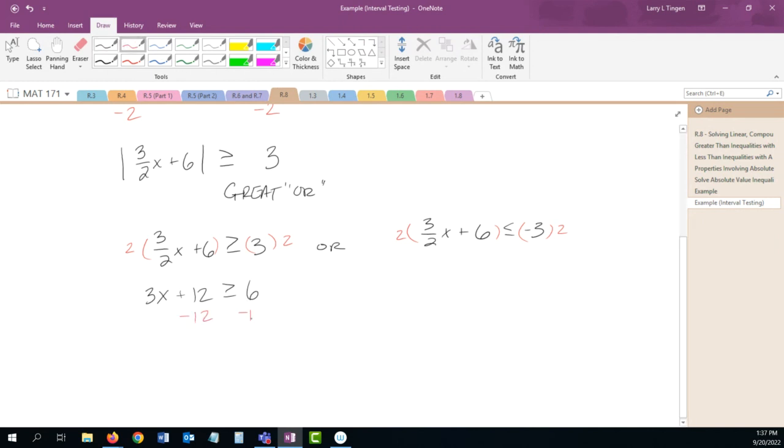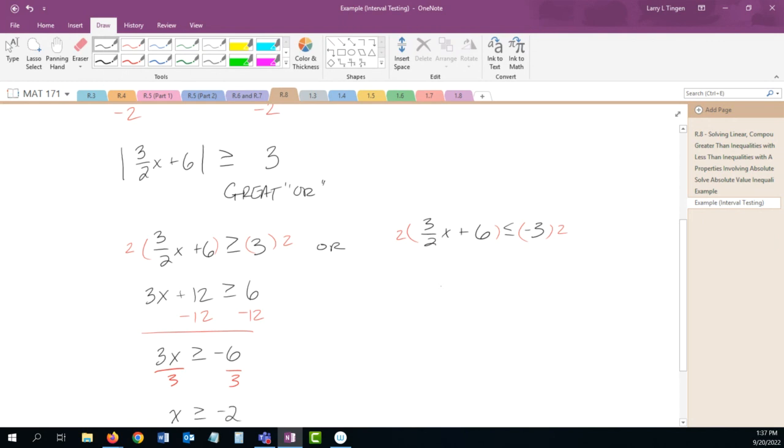Everything with an x to one side, everything without to the other. And now I'm looking at 3x greater than or equal to 6 minus 12 is negative 6. And then divide both sides by 3, and x is greater than or equal to negative 2.